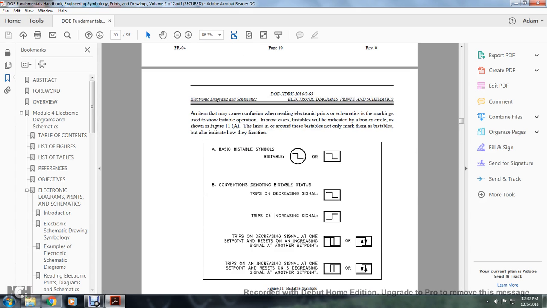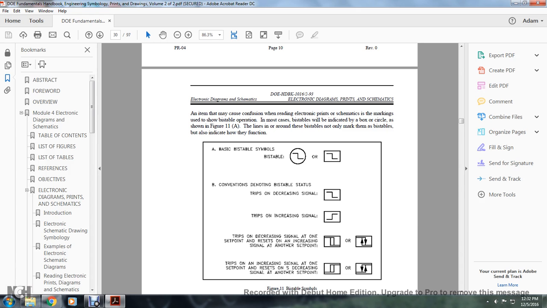An item that may cause confusion with the reading of electronic prints and schematics is the markings used to show bistable operation. A circuit capable of bistable operation will be indicated by the box or circle shown in figure 11a with lines in and around it. These markings do not only mark the bistables but also indicate how they function.